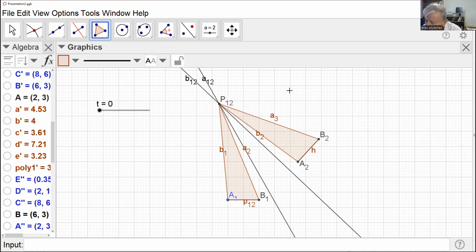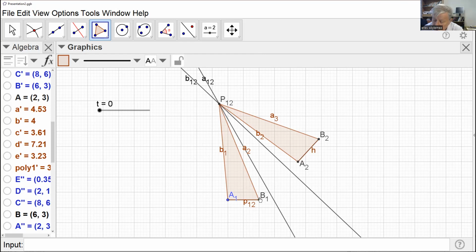In order to prove it, I have to prove that the triangle P12, A1, B1 is exactly equal to P12, A2, B2, not similar, equal. In order to do that, I have to prove, as you can see from the figure, side P12 to A1 must be equal to side P12 to A2.